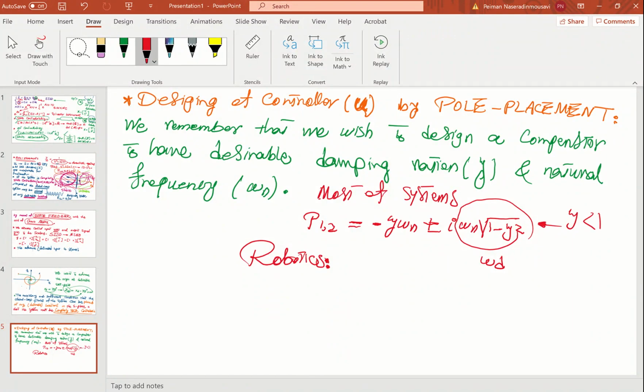No, because if you have an under-damped system, at the end of the day the end effector of the robot is going to oscillate and hit the object. So for robotics, we want zeta of 1. Zeta greater than 1 is not good because this is an over-damped system. So we want the critically damped system, for example, for robotics.